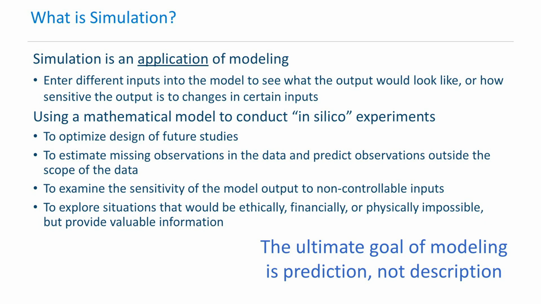We may find out that we need to adjust our study design or get additional information to handle non-controllable inputs. And of course, to explore situations that you cannot do in the clinic. They would be ethically, financially, or physically impossible, but they provide valuable information. And we'll talk about this a little bit more when we get into the concept of clinical trial simulation.